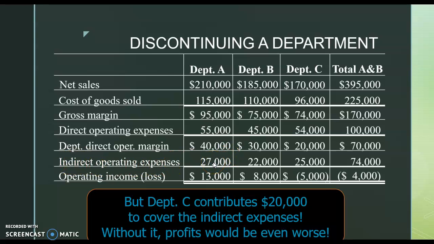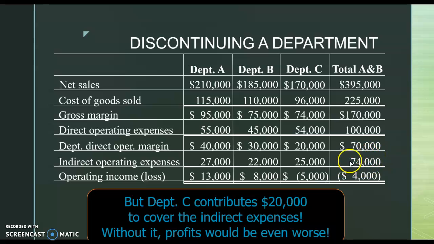I can't just add A and B. I have to add C in here as well, because part of that stuff, like rent expense, just because I chop out Department C doesn't mean that 25,000 goes away. All the rest of this stuff does go away if I get rid of Department C, but not indirect expenses. So the grand total of indirect expenses for the whole store is still $74,000.